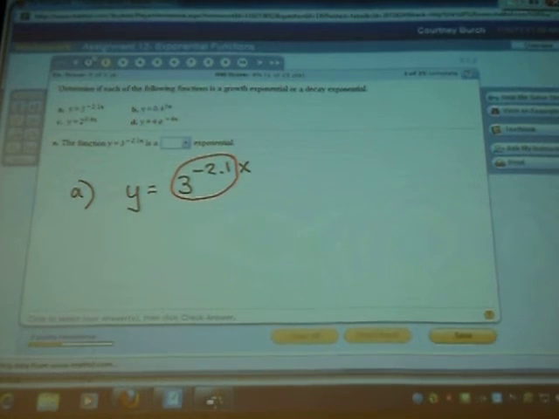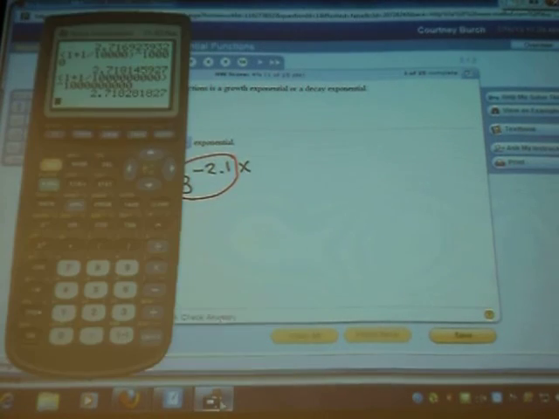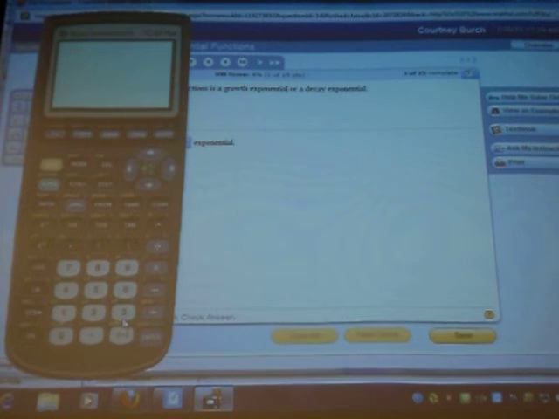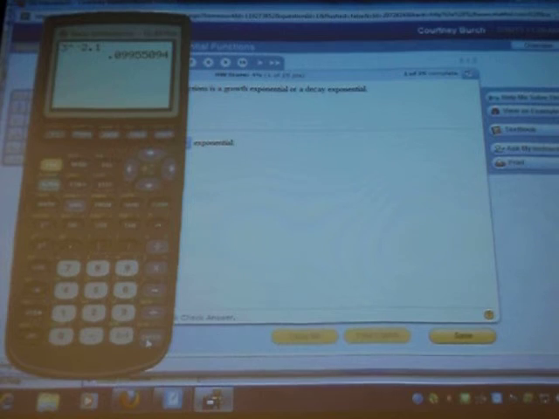Okay, 3 to the negative 2.1 is like 0.09955. So if I take that number and raise it to the x power, would that be growth or decay? Decay, right? Because it's less than 1. So every time you multiply by 0.099, your total value is going to be getting smaller.